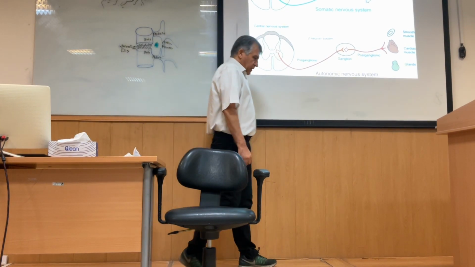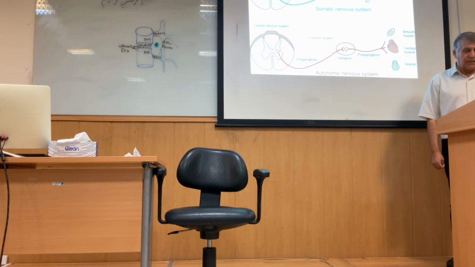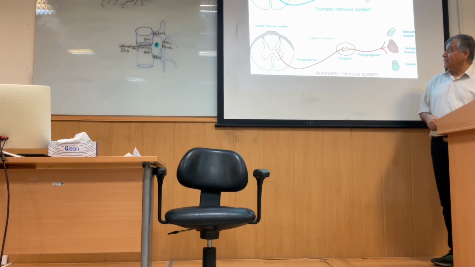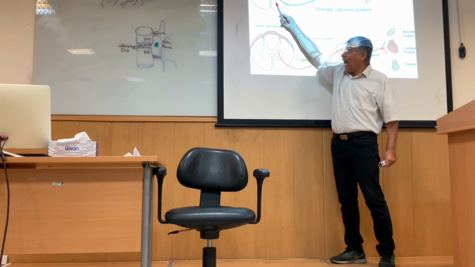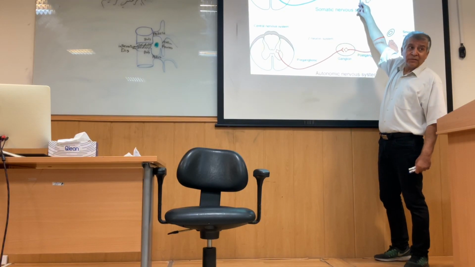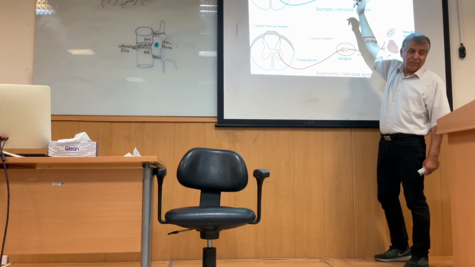In this figure, showing the difference between somatic and visceral nerves. Somatic nerves exit the spinal cord and directly move toward the end organ, for example, muscle.